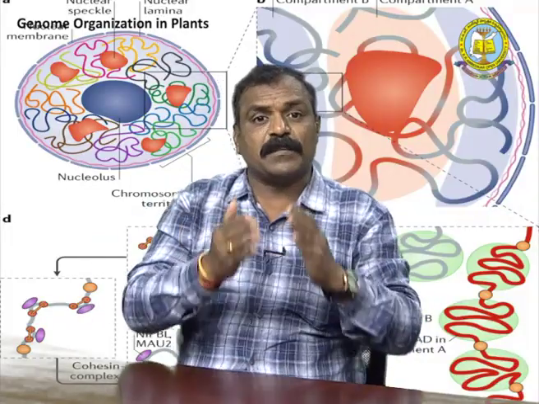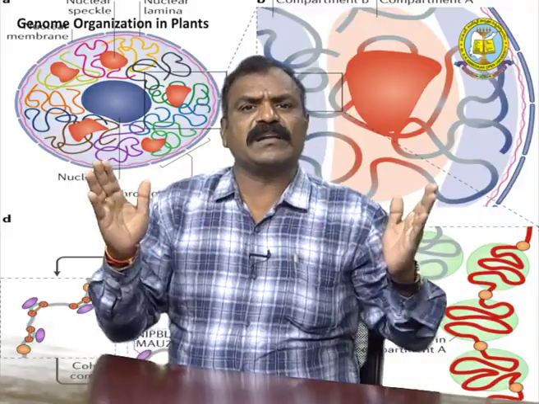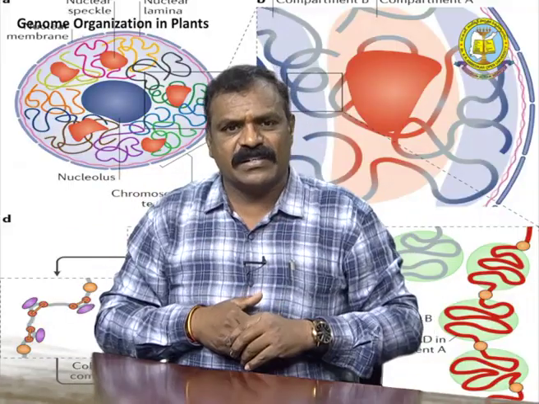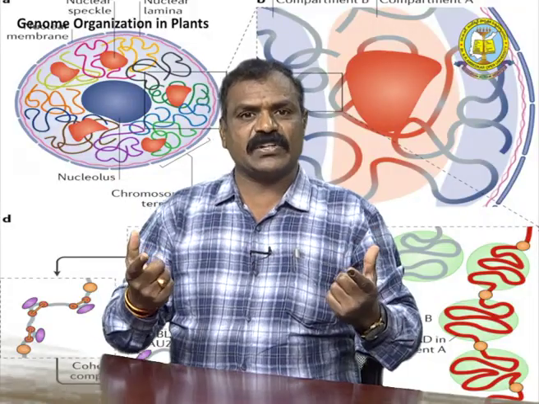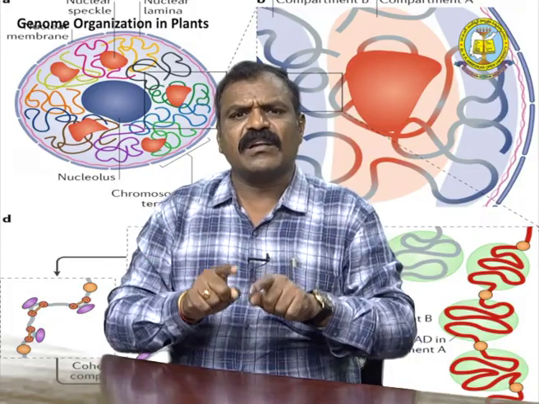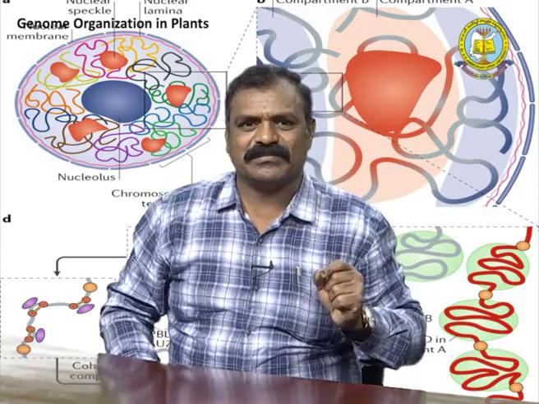After transcription come post transcriptional regulations, how microRNAs and small interfering RNAs, siRNAs, are involved in this mechanism, then translational regulation and post translational modifications. These are all involved in the molecular mechanism of gene expression.